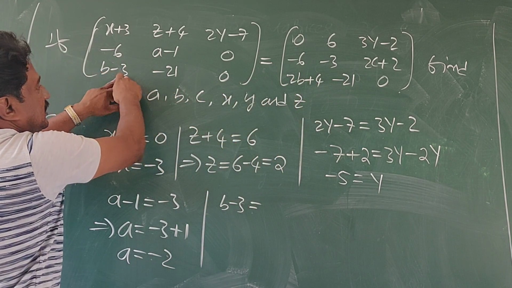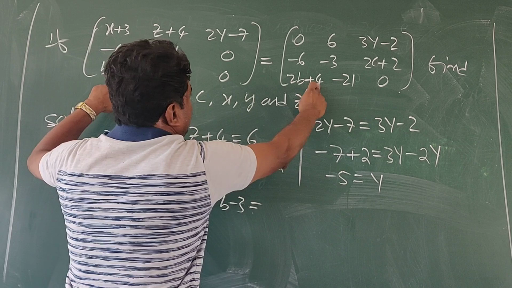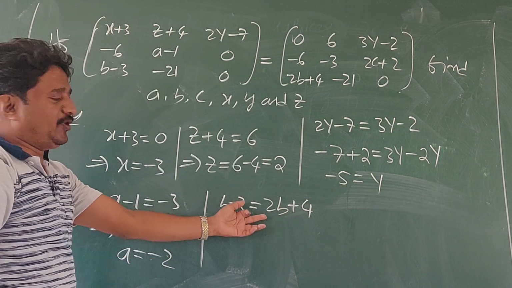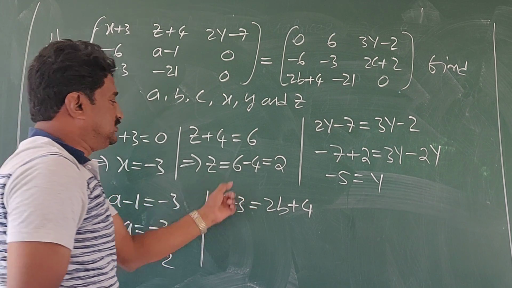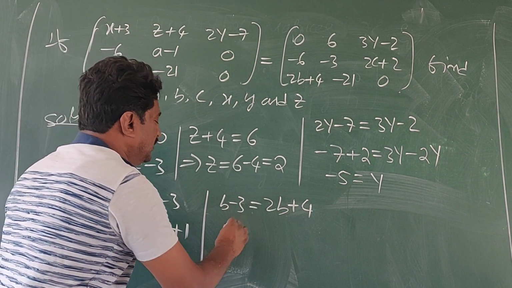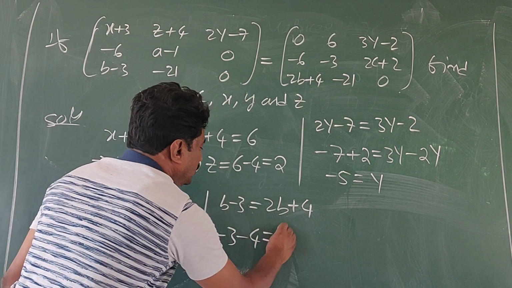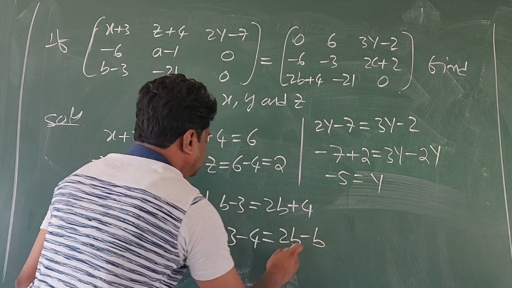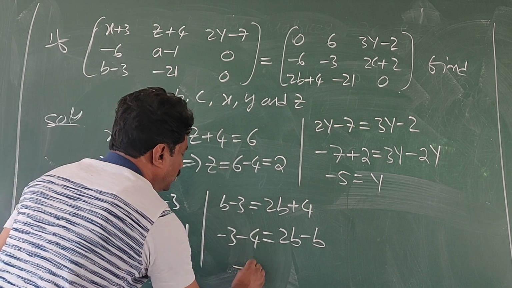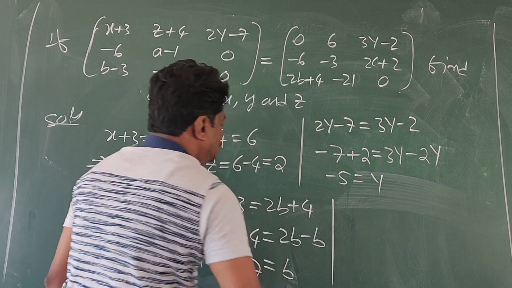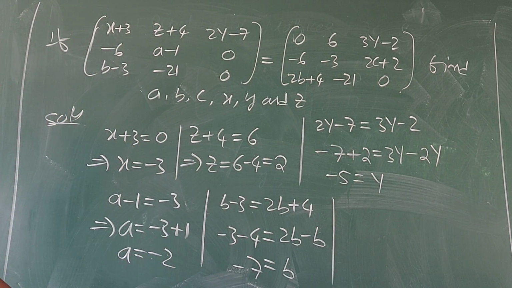So b minus 3 should be equal to 2b plus 4. Now you find the b value. Bring the b terms to one side. Minus 3, bring that 4 to this side, minus 4. 2b minus b is b. So b is minus 3 minus 4, minus 7. We got b also.